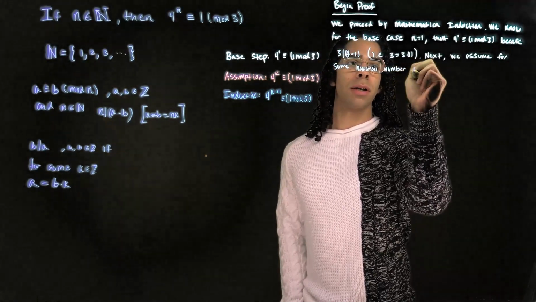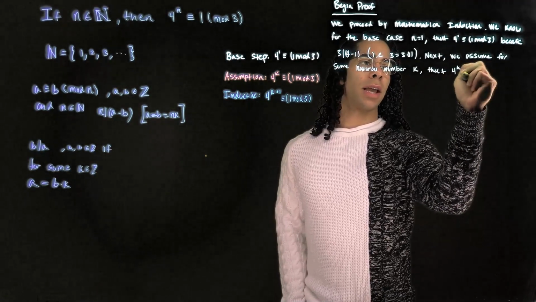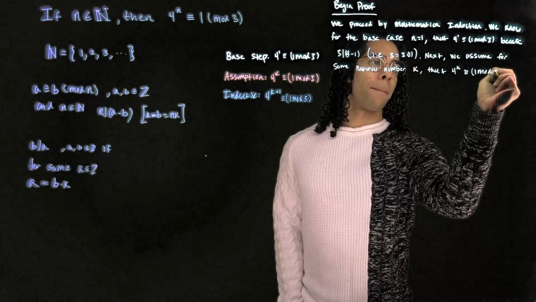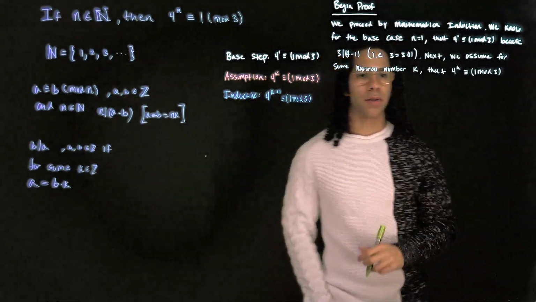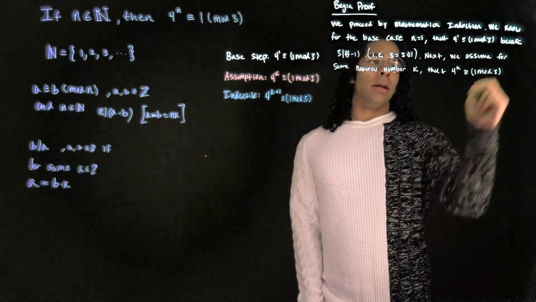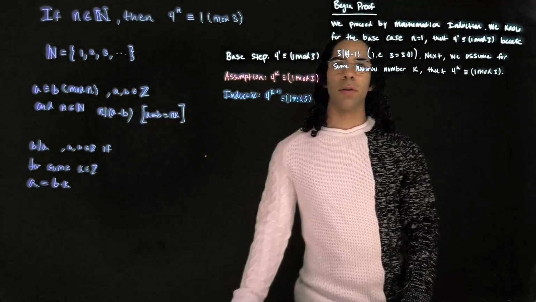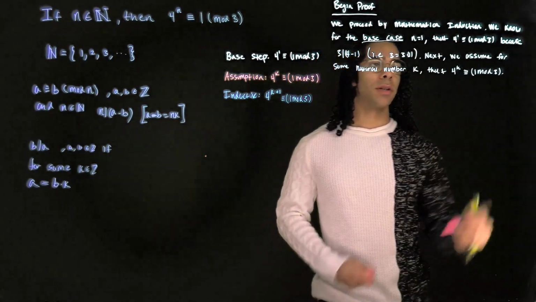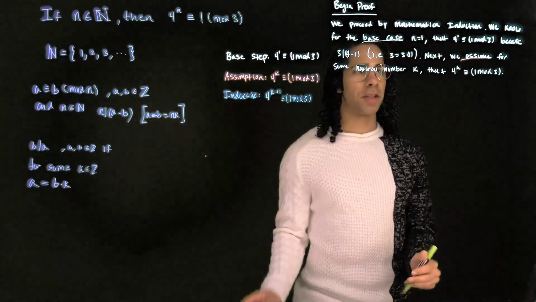Some natural number k, that 4 to the k is also congruent to 1 mod 3, meaning that 3 divides 4 to the k minus 1. So, we've shown the base step, which is right here. We've assumed, and now we need to show the inductive step.